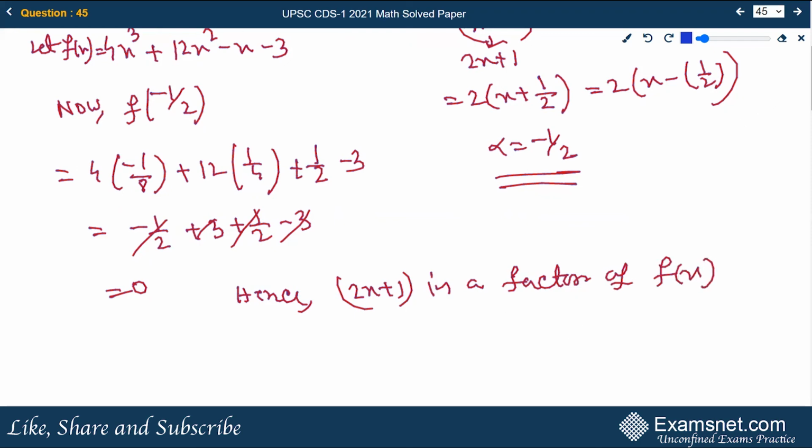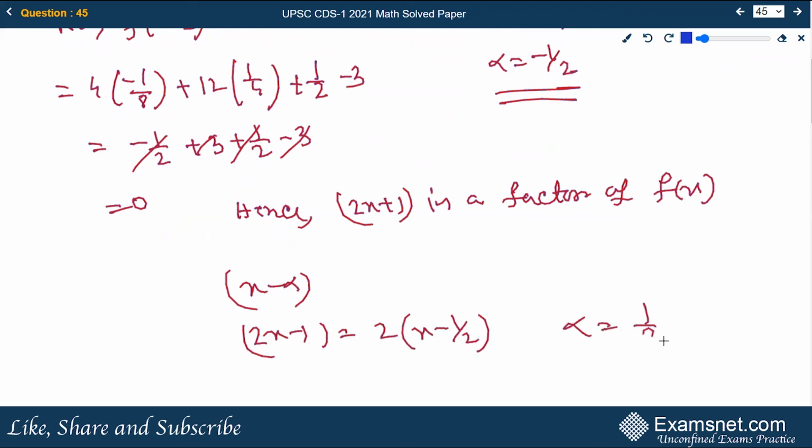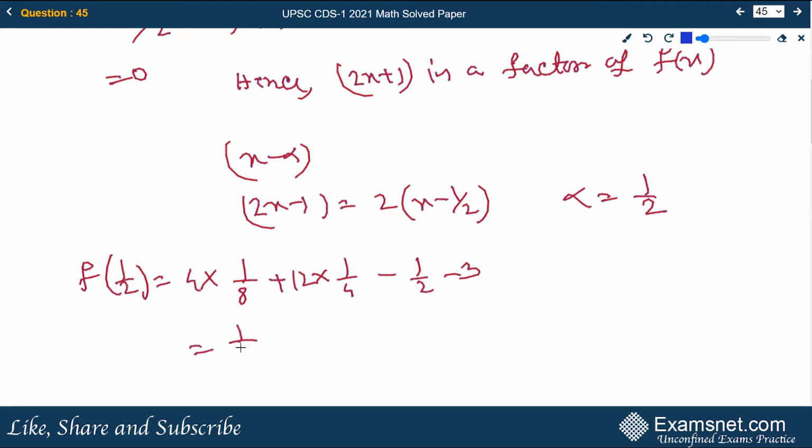Now also check with 2x minus 1. If I compare this with 2x minus 1, I will get 2 times x minus half. So now alpha is half. So let's find the value of f of half, that is 4 times 1 by 8, 12 times 1 by 4, minus half, minus 3. So half plus 3 minus half minus 3.